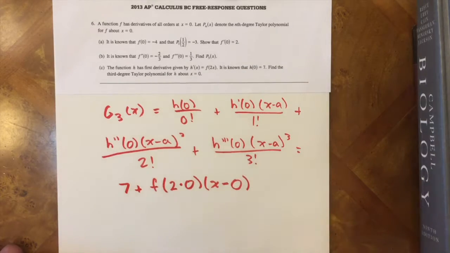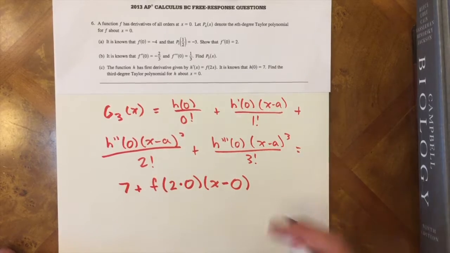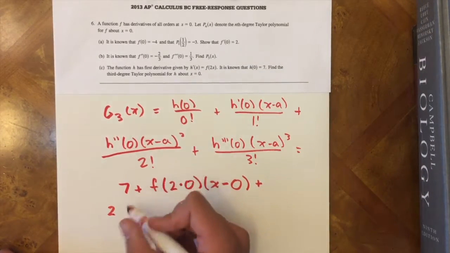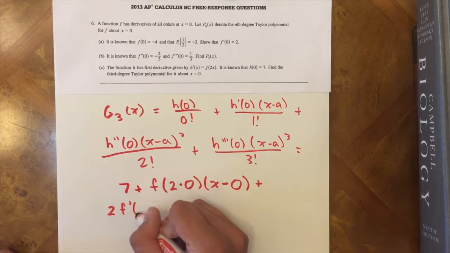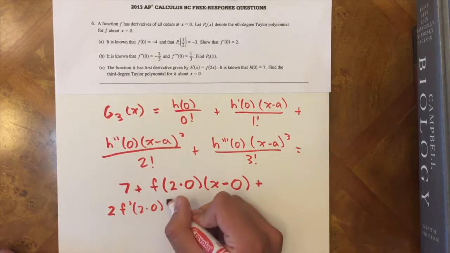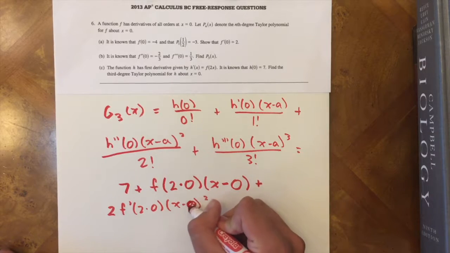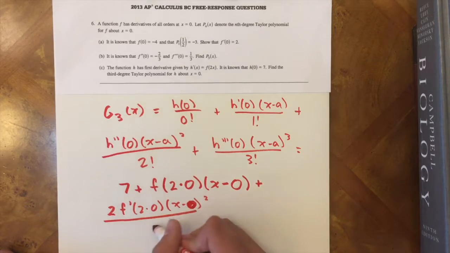And that's all going to be divided by 1. And then we're going to get plus 2 times f prime of 2 times 0 times x minus a squared, or x squared, because a is 0, divided by 2.